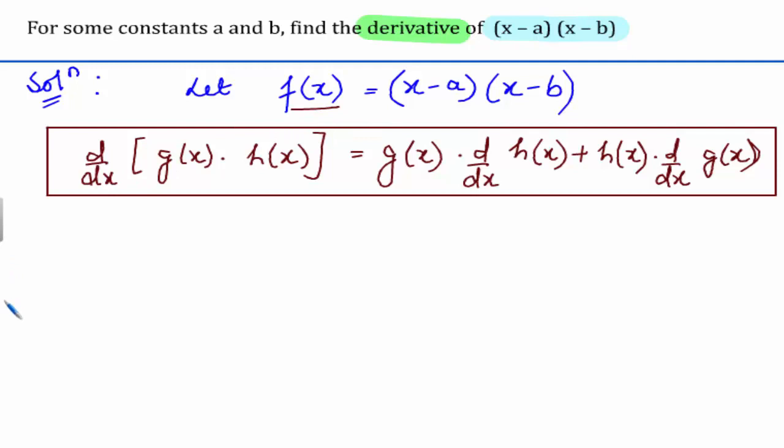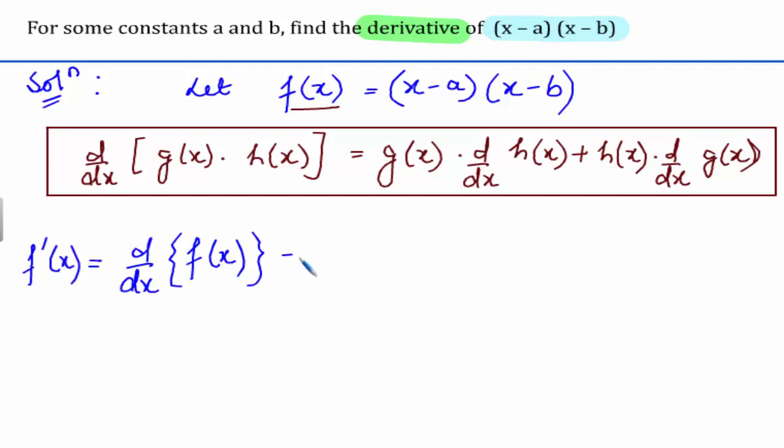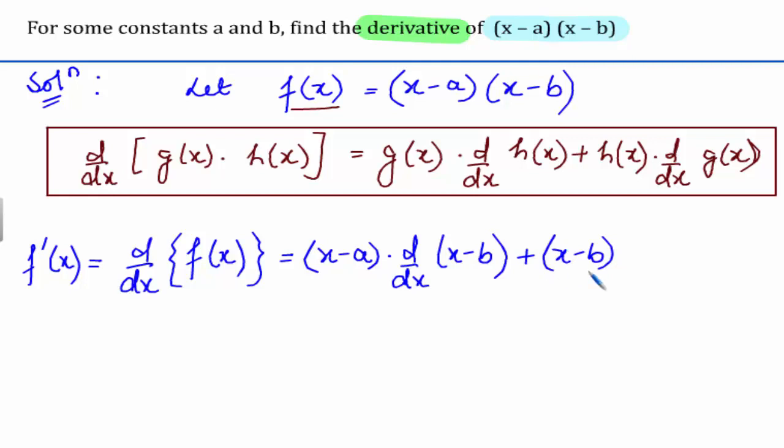So we have d/dx of f(x), or also we can write f'(x). So this is equal to (x minus a) times the derivative of (x minus b) with respect to x plus (x minus b) times the derivative of the first function, that is x minus a.